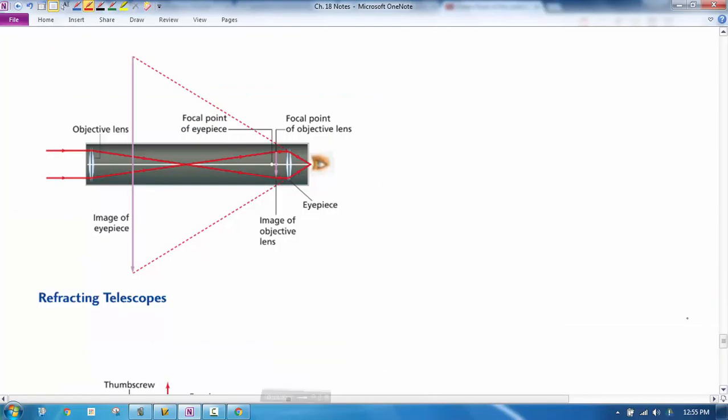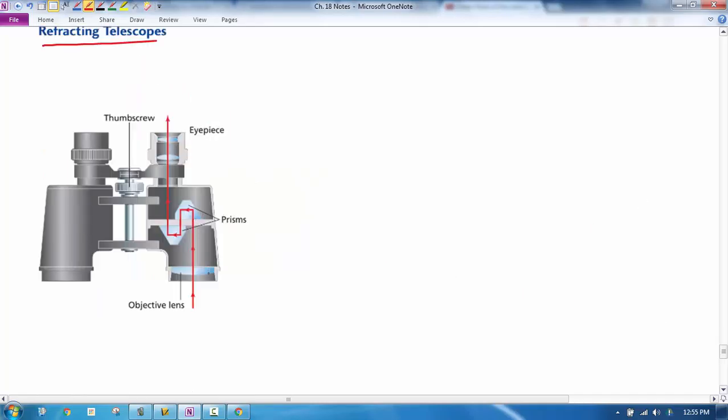But nonetheless, I know there are some surgeries that actually replace this lens as well. Okay, so then another type of telescope. I showed you the other day about a telescope with concave mirrors. You can also use lenses like this. Convex lenses, if you use 2 of those, you can also achieve a good zoom as well. So this would be a refracting telescope. Binoculars typically work like this, where you have an objective convex lens, 2 prisms, and then a convex lens, and then an eyepiece.